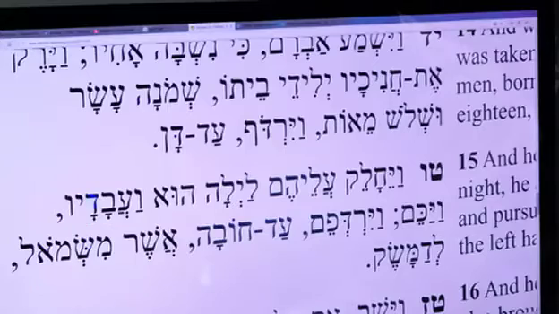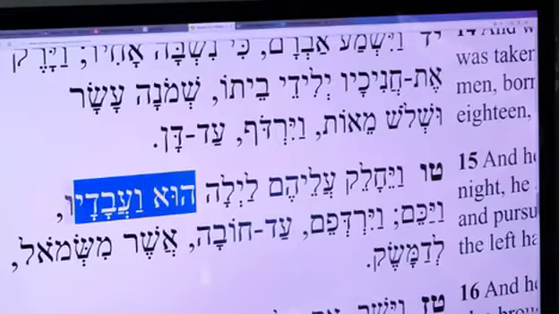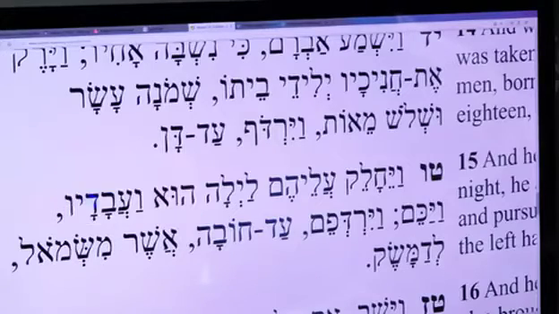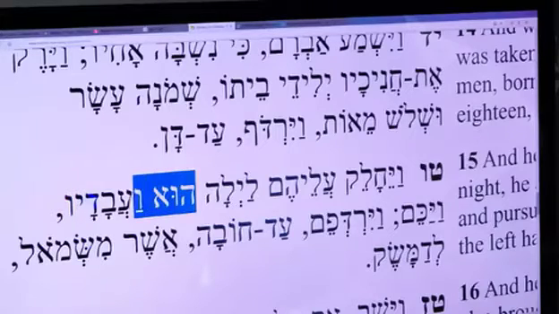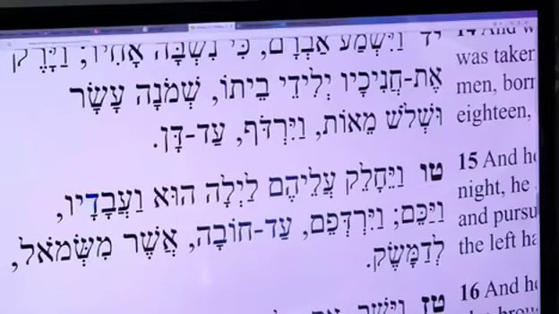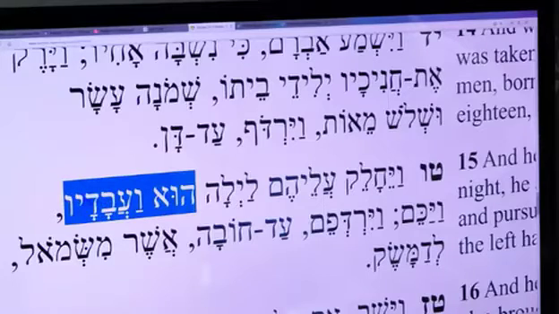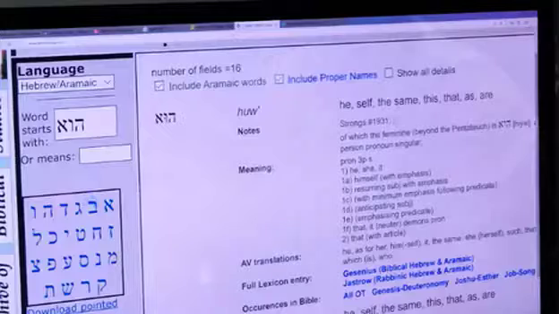So here it says, hawa'a, he, wa ibad yawa, and his servant, showing you the suffix form of he, as we discussed last week. He and his servant. Hawa'a wa ibad yawa. All right, moving on.